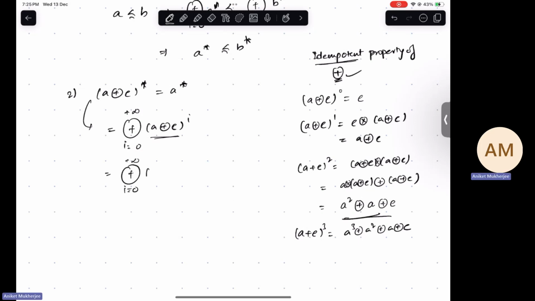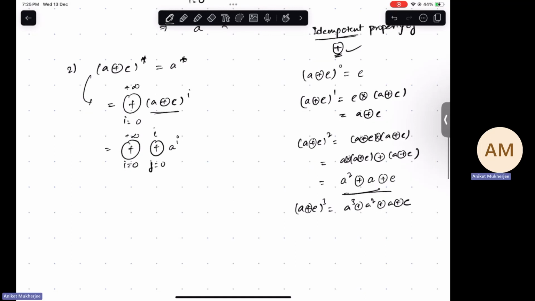So this is basically equal to the sum over i from 0 to plus infinity, of the sum over j equal to 0 to i. So for (A plus E)^2, it starts from A^2 plus A plus E. For (A plus E)^3, it starts from A^3. So A^j up to A^i, right?